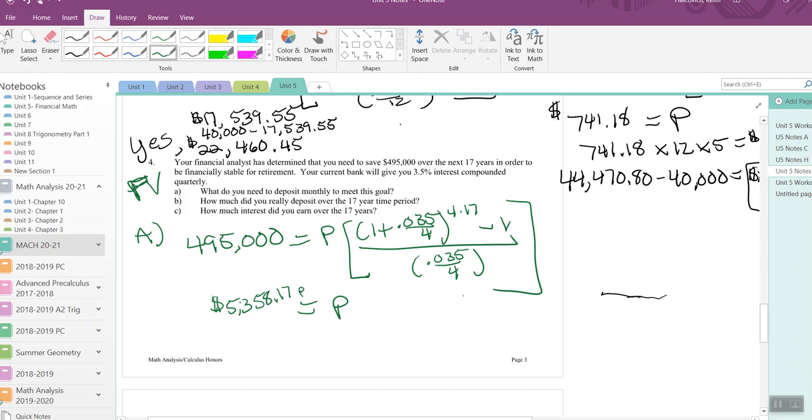But remember, this is per quarter. So to find per month, you divide by 3, and you get that it's $1,786.06 per month.